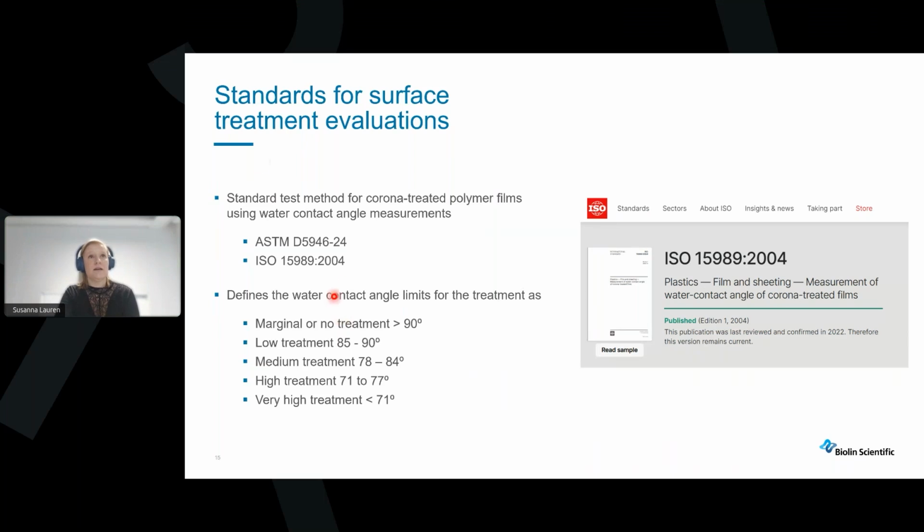These two standards, the ASTM and ISO standard, are basically equivalent, so they are identical to each other. For example, they define the water contact angle limits for the treatment as shown here in the list. So the standard is also saying that it's enough to measure only the water contact angle.